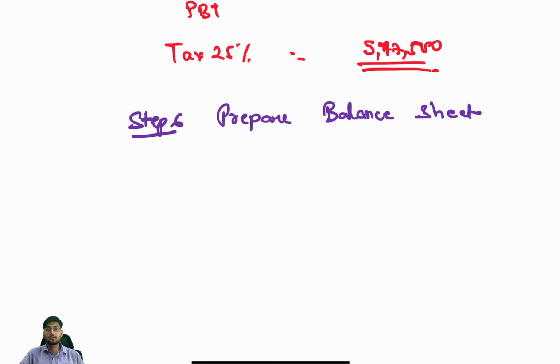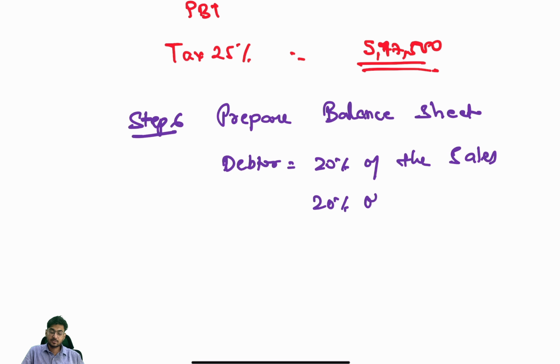And if receivables are generally say 20% of the sales, means my debtors are 20% of the sales, then how much is it going to be this year? It is 20% of $12 million, that is $2.4 million is your projected debtors for this particular year.